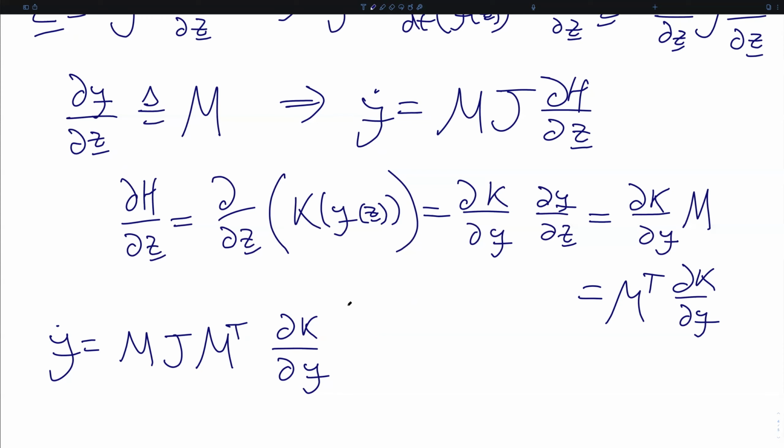If the Jacobian of the transformation is symplectic, if the determinant of it is equal to 1 and it obeys the symplectic structure properties, then our transformation is canonical, which means that it produces a system that exactly obeys Hamilton's equations. A symplectic Jacobian associated with a coordinate transformation defines a canonical transformation.